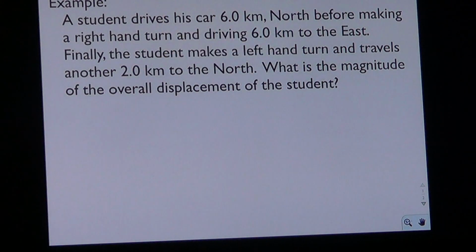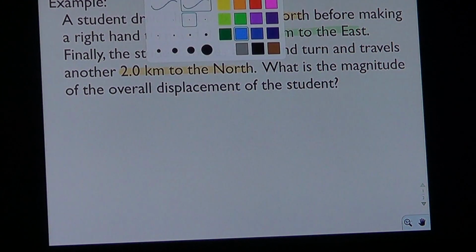So, if we look at the north and south ones, we can combine those together and also combine together the east and west, which there's only one of those. Then we can make our triangle appropriately.